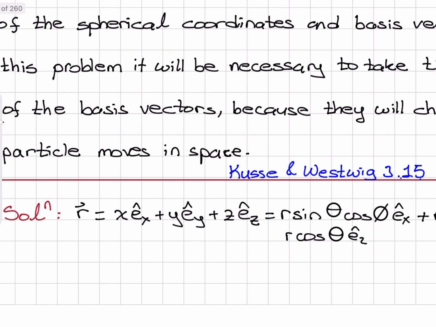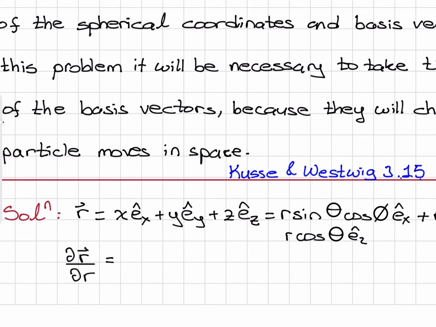Next, we need to take a derivative of this with respect to r. So del r position vector with respect to the r radius of the sphere.